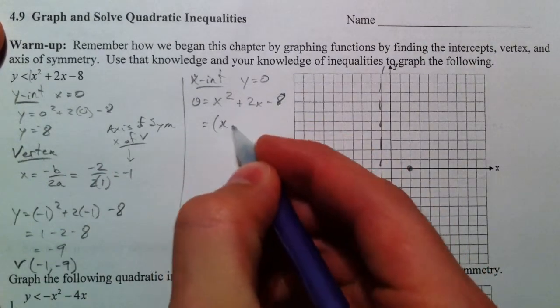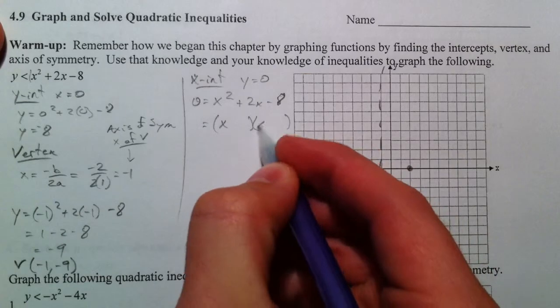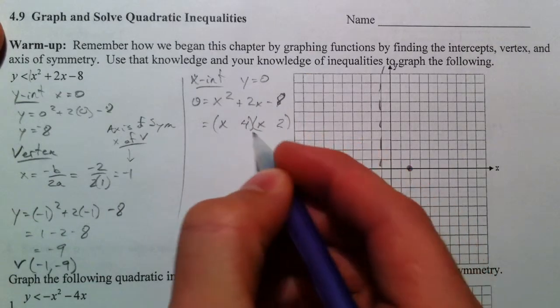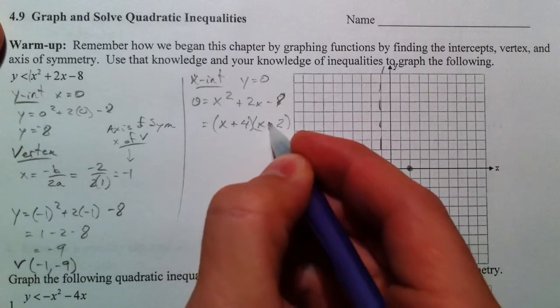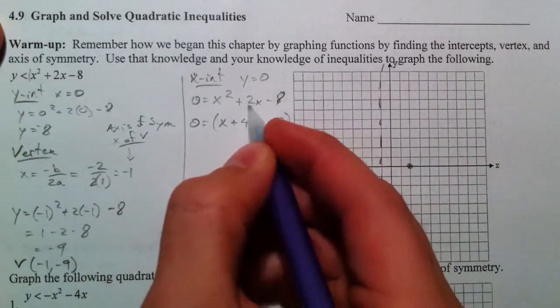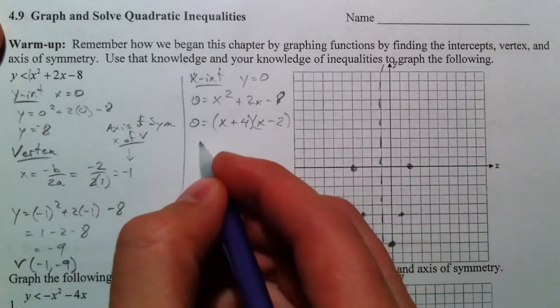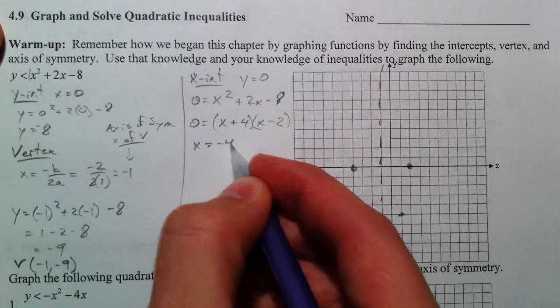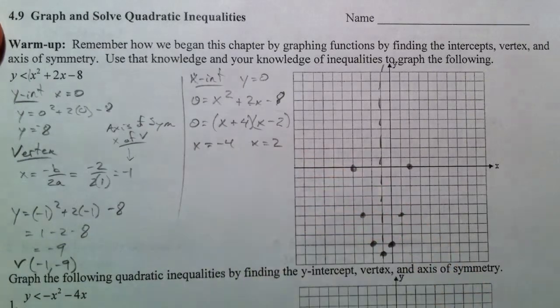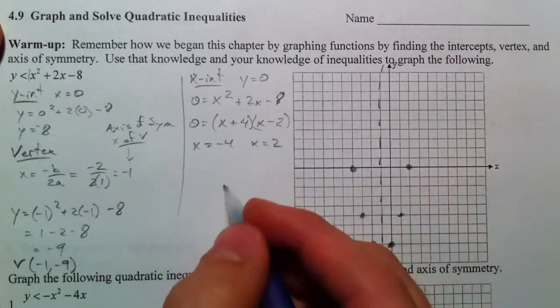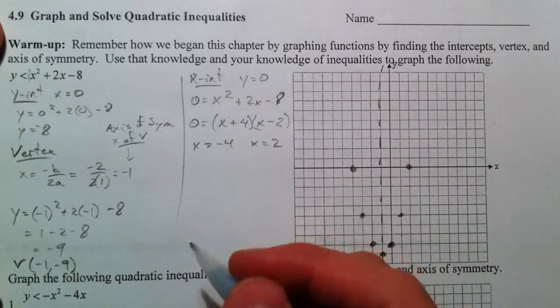So x and x, what multiplies to negative 8? 4 and 2, and if the 4 is positive and the 2 is negative, you get a positive 2. You can multiply that back out, you get that. It's factoring. So x equals negative 4 and x equals 2 are the x-intercepts. So 2 and negative 4 are the x-intercepts.